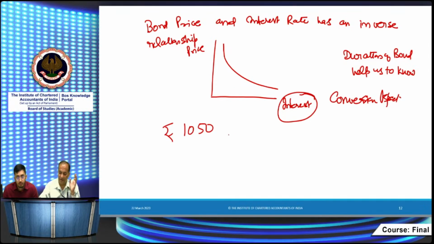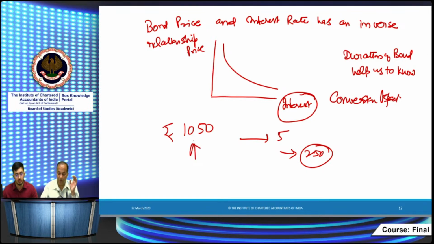You can get it converted into 5 equity shares, suppose. Now, if the equity share of the company is trading at 250, then straightaway there is an advantage. There is a benefit. There is some kind of arbitrage.